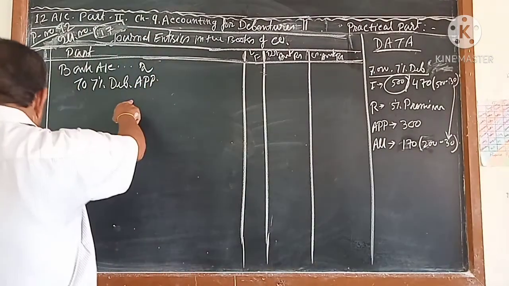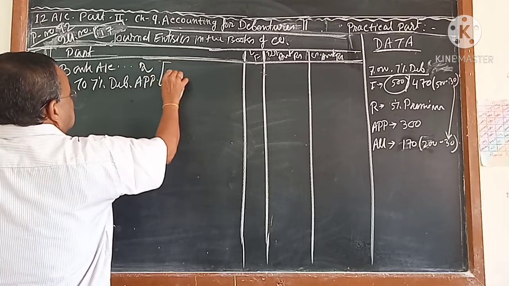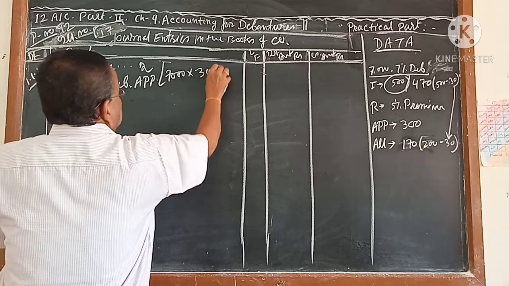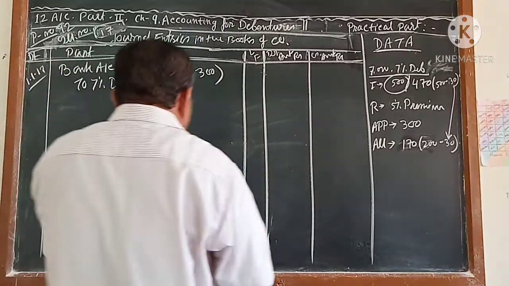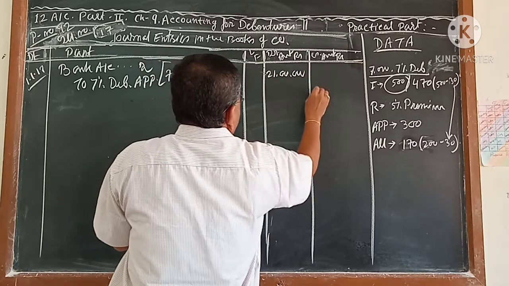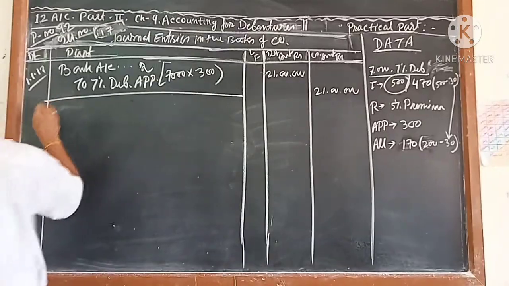Here I am writing 7% debenture application account. How much? 7,000 into 300. It comes to 21,00,000. This is the first journal.